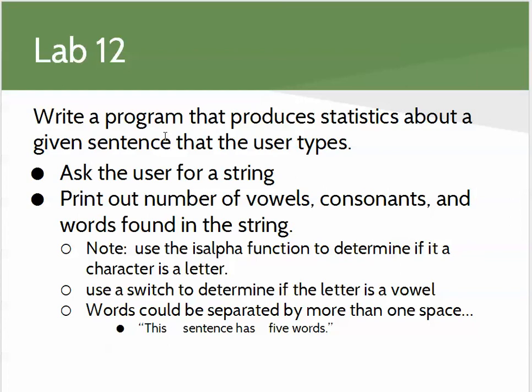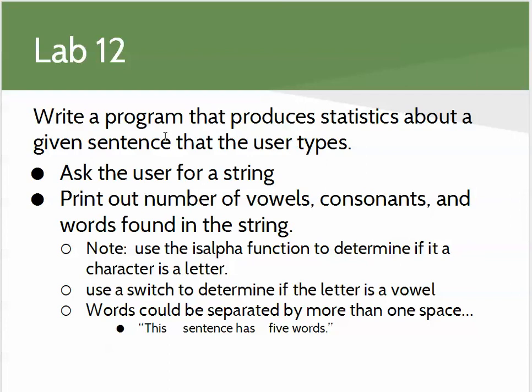Remember the isAlpha function can determine whether a character is a letter. Once you know it's a letter, you can also use something like a switch statement to determine if a letter is a vowel. Realize that you can access every single character by using the at function and maybe a for loop. Words are separated by possibly more than one space, and that's a little wrinkle that you're going to want to consider later on.